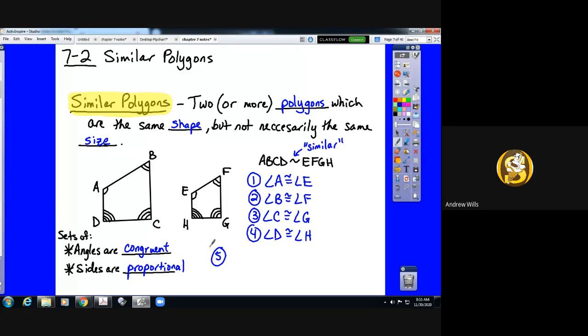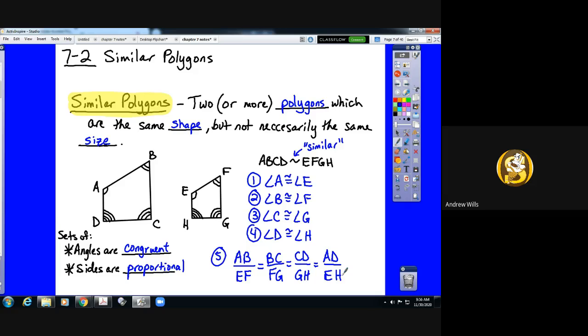So, in other words, AB, which is the first two letters in the first name, over EF is equal to BC, which is the second and third letters, over FG, second and third letters, is equal to CD, which are the last two letters, over GH, is equal to the first and last letters, AD, over first and last letters, EH.